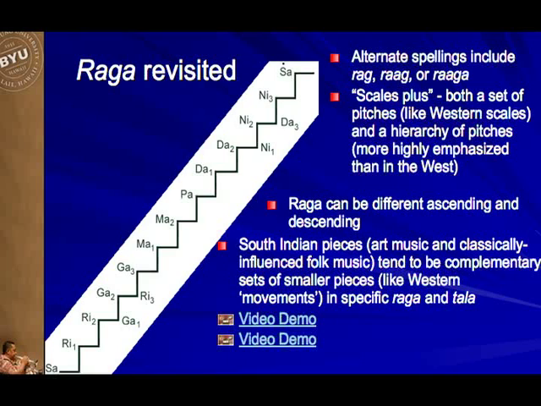Now, South Indian pieces, art music, and classically influenced folk music, they tend to be complementary sets of smaller pieces, kind of like movements in Western music. So again, Beethoven writes a piano sonata. It's got a movement 1, 2, 3, and 4. You might expect certain movements to have a certain kind of character in terms of its tempo, its energy, its complexity.